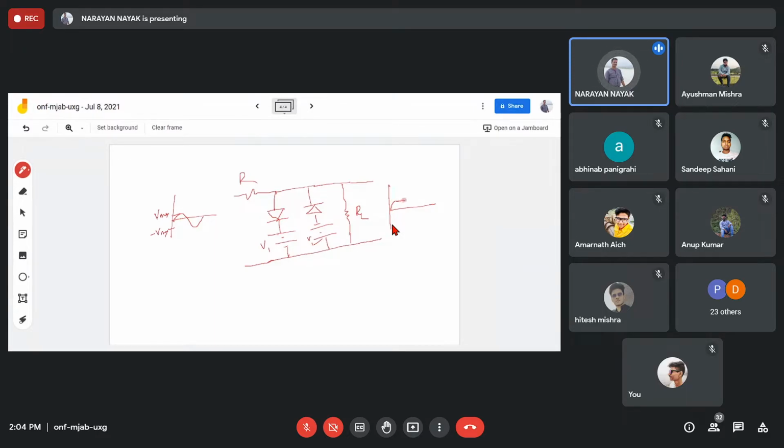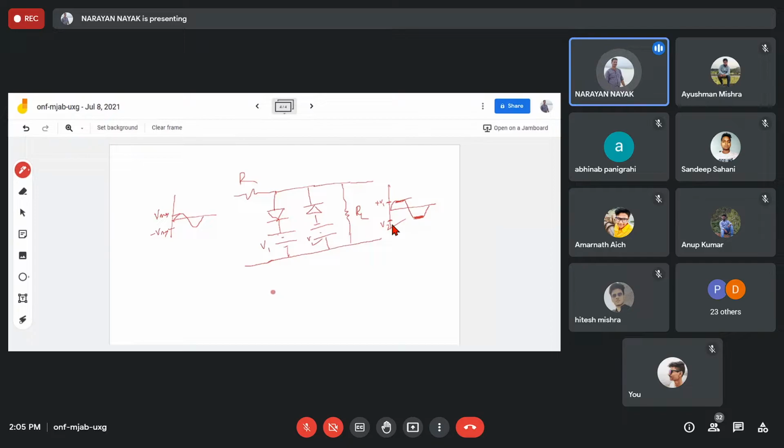So this type of signal you will get. So what is the voltage here? This is your positive clip plus V1, and this is your V2, let us say. So both sides you will get a clipped signal.